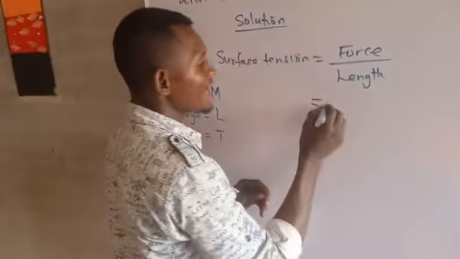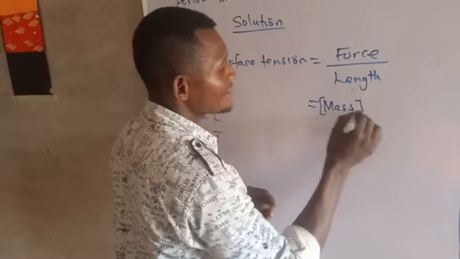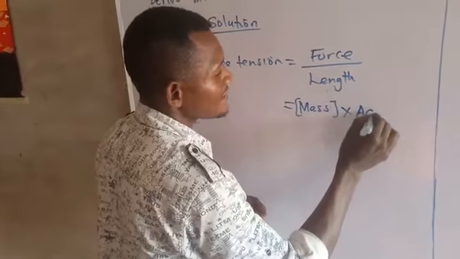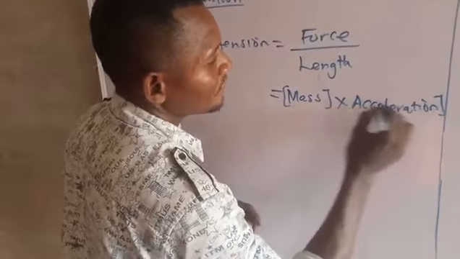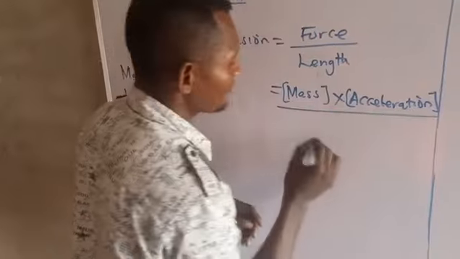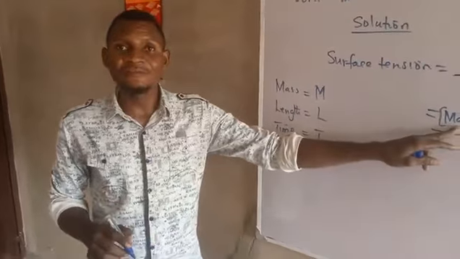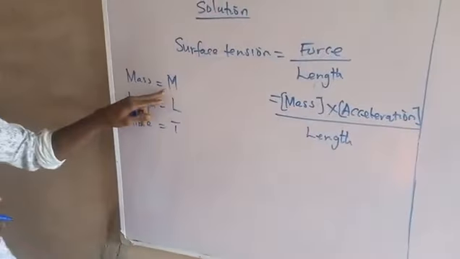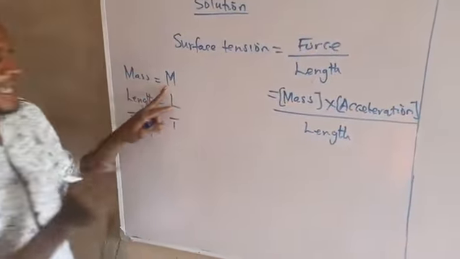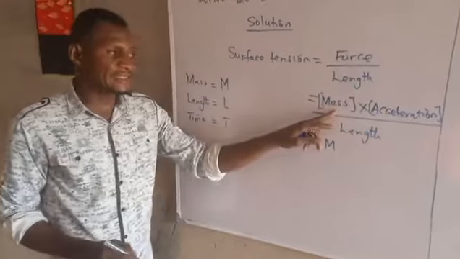So we can write this formula as mass in square brackets times acceleration in square brackets over the length. Okay, so now what is the dimension of mass? We said that mass is written with capital letter M. So this is capital letter M for mass.